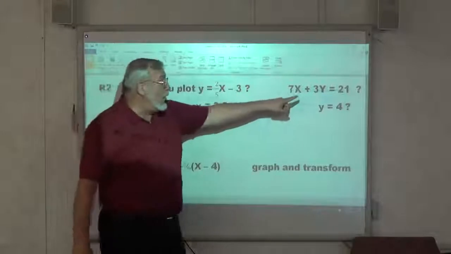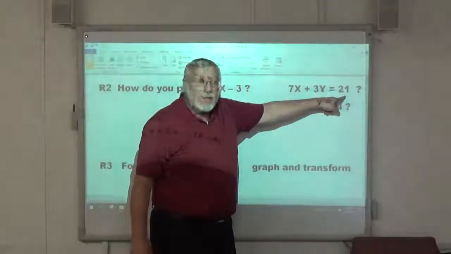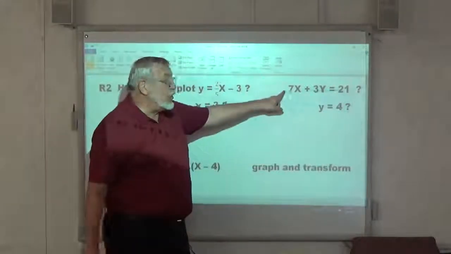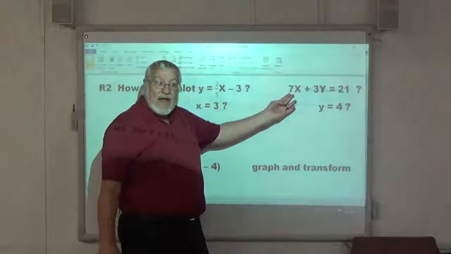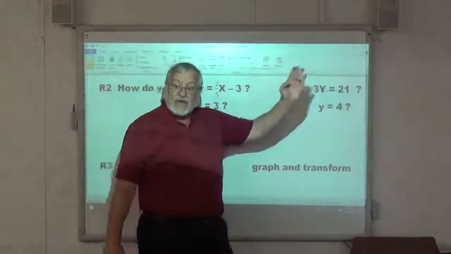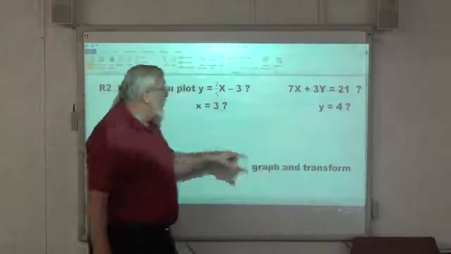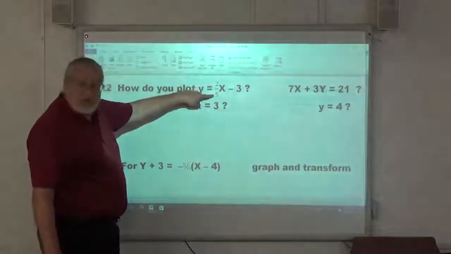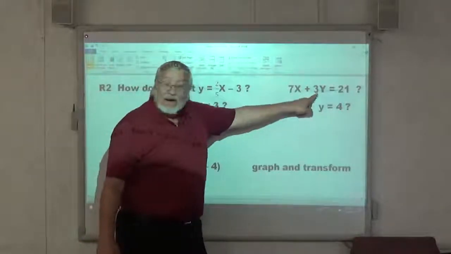Okay? So now I know where I'm going to plot. Right? I'm going to start with positive 7. Now what's the slope of this equation? Right? Again, the 7x has to go the other side, so the number is going to become negative 7 divided by 3. Where this slope was 2 over 5, this slope will be negative 7 divided by 3.